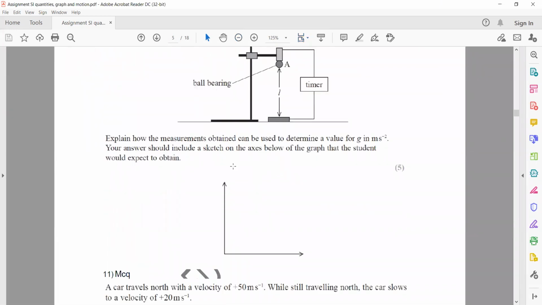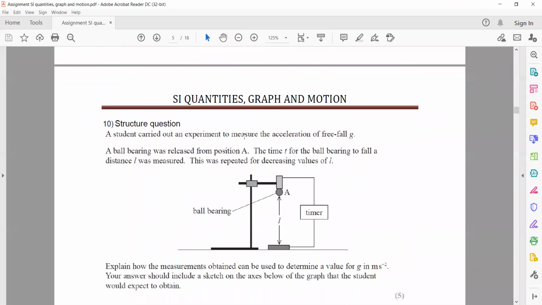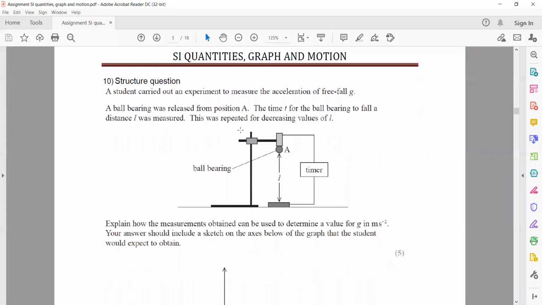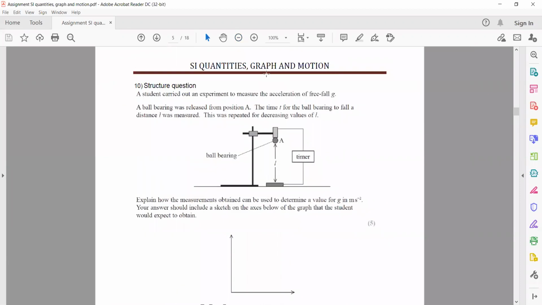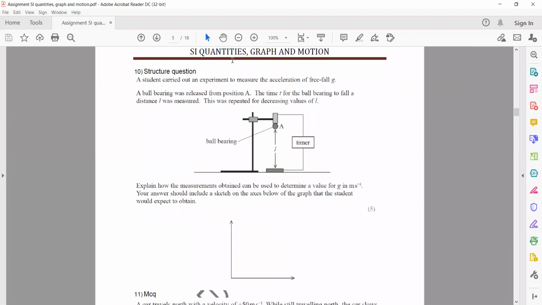In this question, question 10, the structure question, a student carried out an experiment to measure the acceleration of free fall. So the student is finding the acceleration of free fall, acceleration due to gravity.